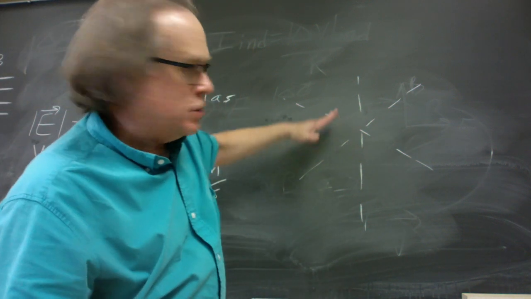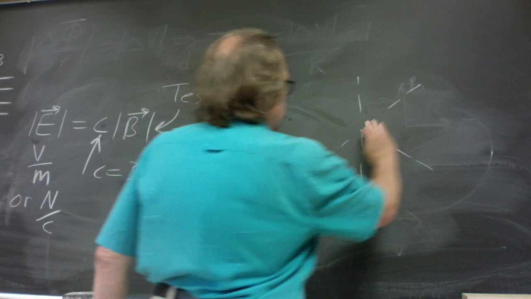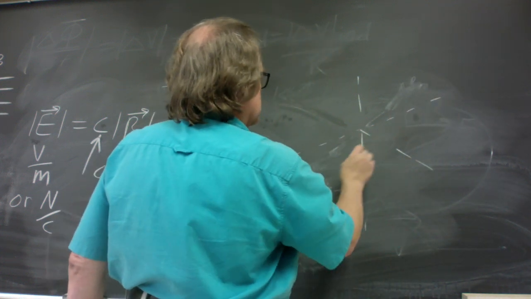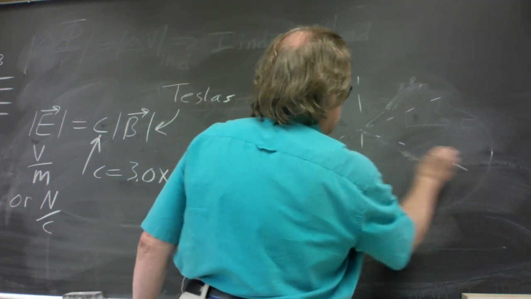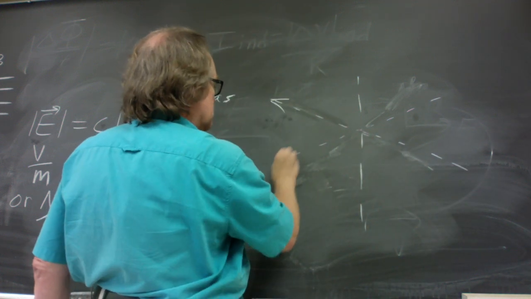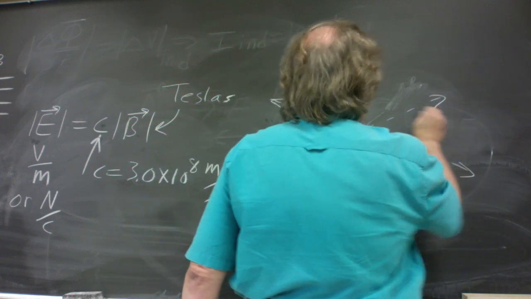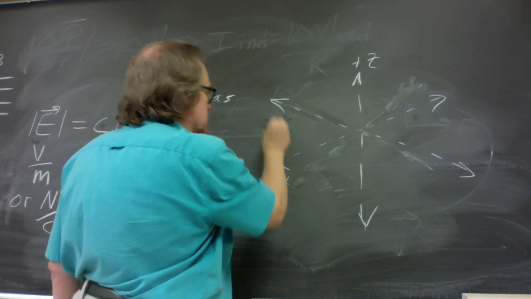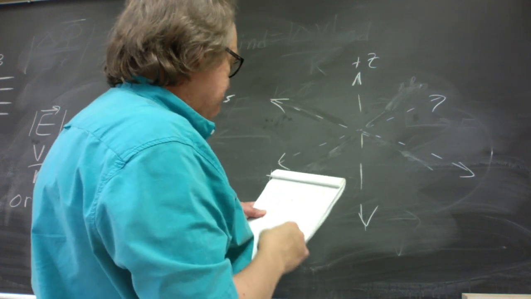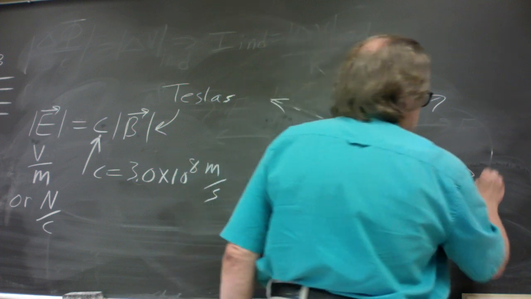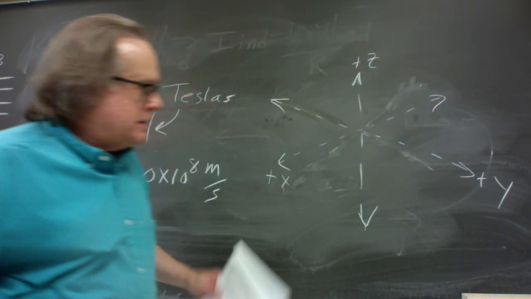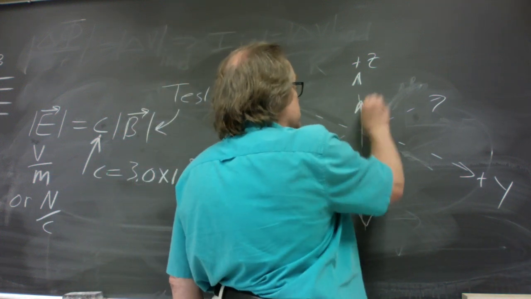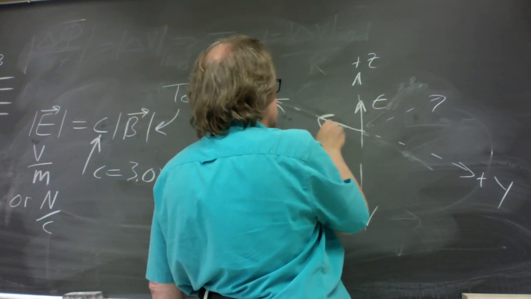And these two are supposed to be in a horizontal plane. And this is the positive Z direction, and this is the positive X, and the positive Y. Let's say you've got, at one point in time, an electric field that points this way, and a magnetic field that points this way.